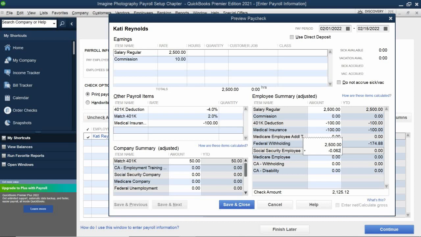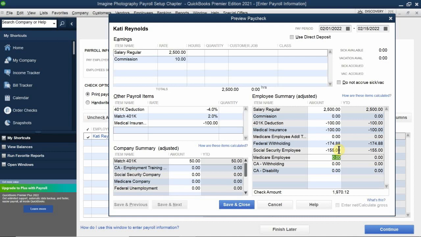This is a set number that you can find on irs.gov. It will tell you that Social Security is 6.2%, Medicare is 1.45%. So in this case, that's what I'm going to calculate here. 6.2% of that is 155, which we know from the automated payroll that we did earlier.